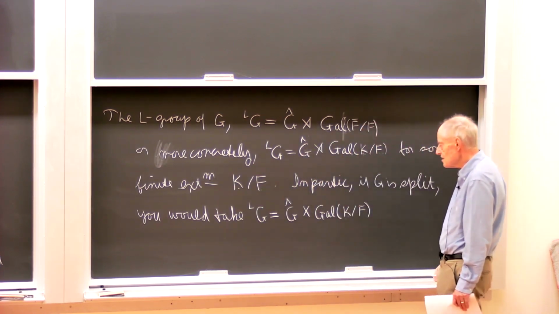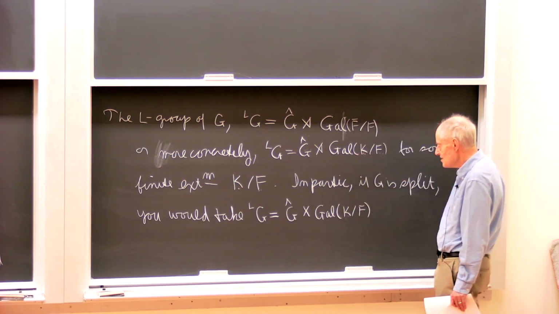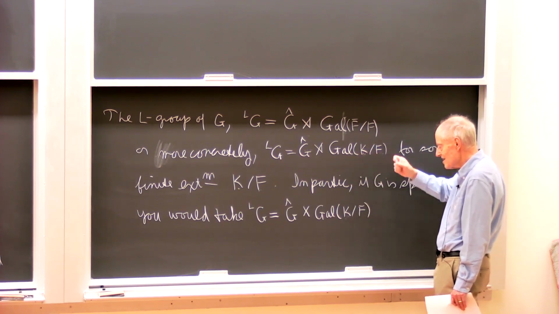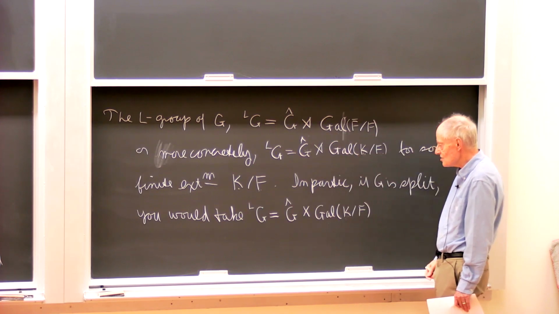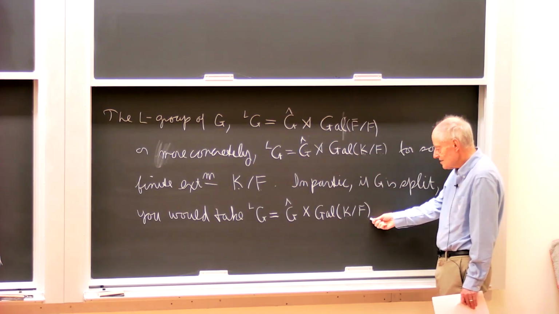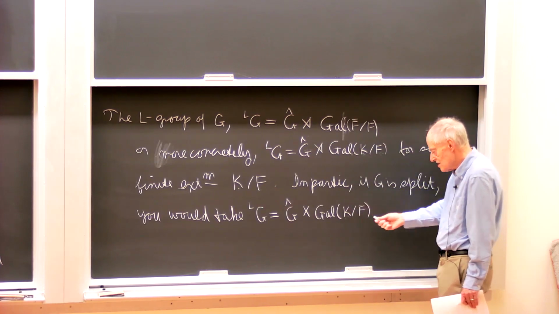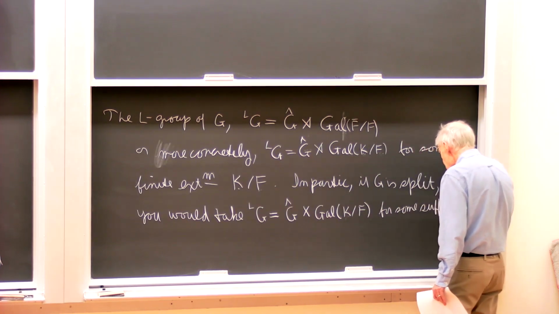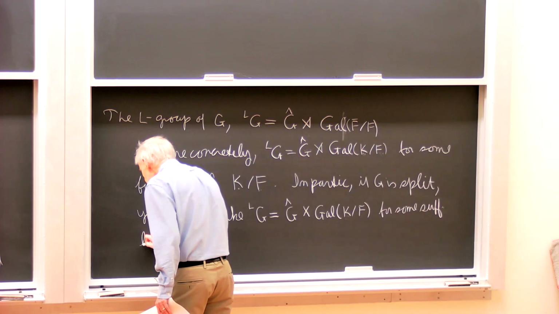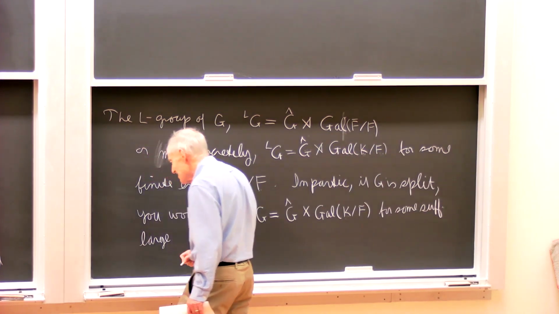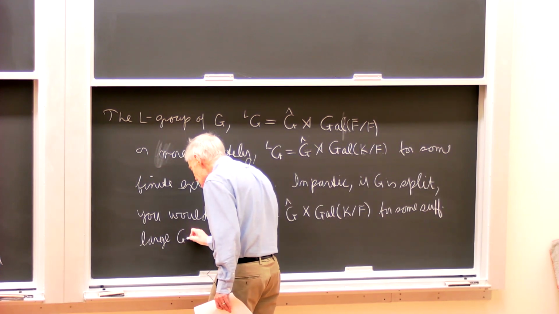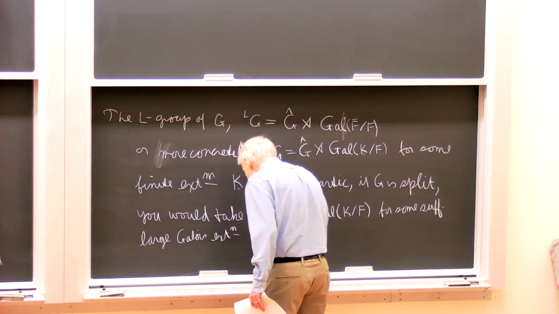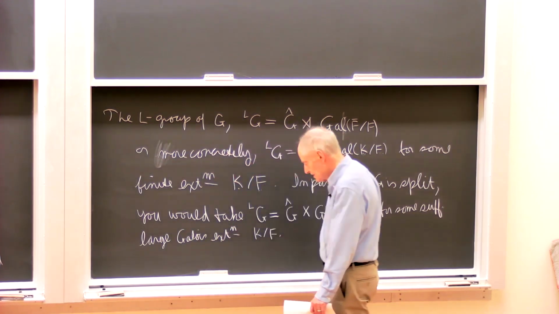That is to say, K is an extension of F that you have to take to include this action on G hat. So I guess you could say you could take the L group to be this for some sufficiently large, in the sense that it isn't really too large, Galois extension K over F. Okay, does that make sense?